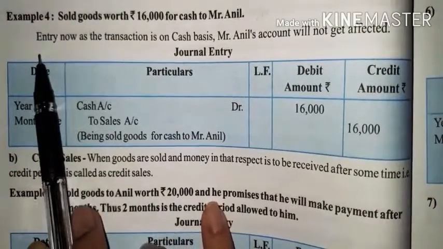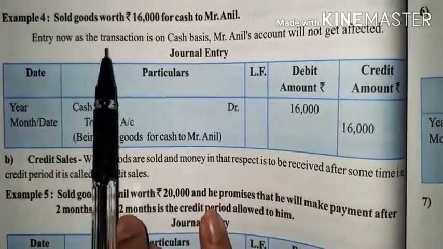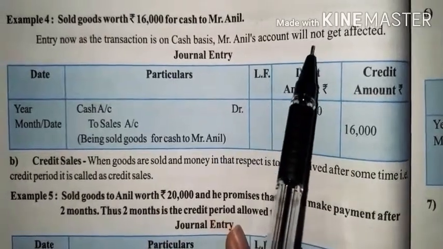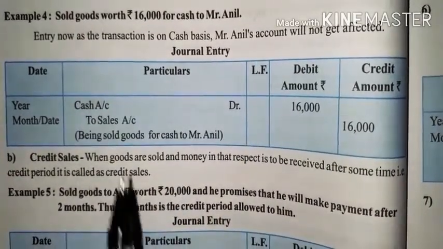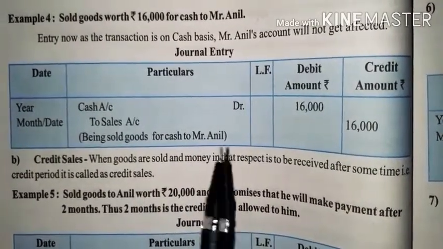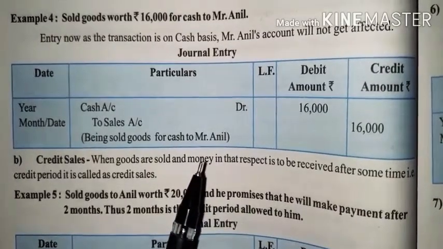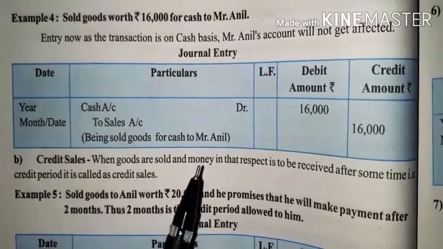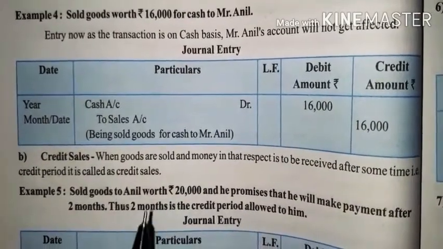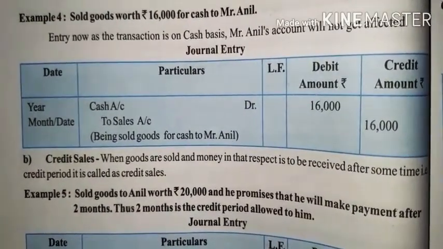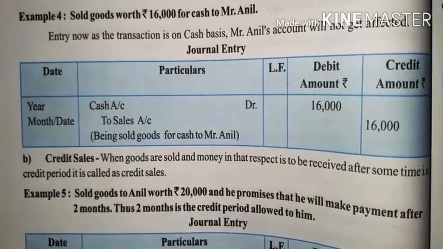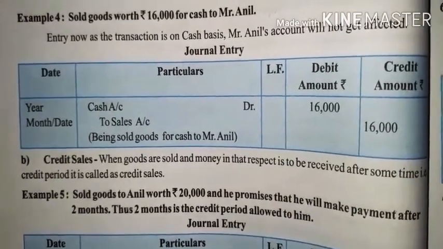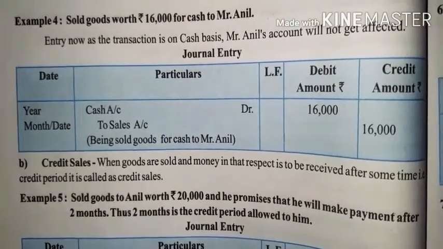Now here the note given is: as the transaction is on cash basis, Mr. Anil's account will not get affected. As I've already told you, when you are selling goods on cash basis or purchasing goods on cash basis, the person from whom you are receiving the goods or to whom you are selling goods will not appear.